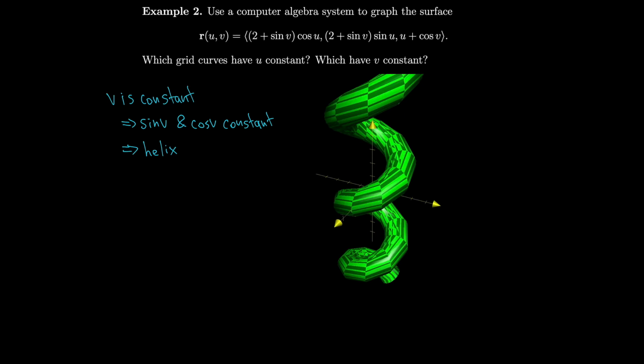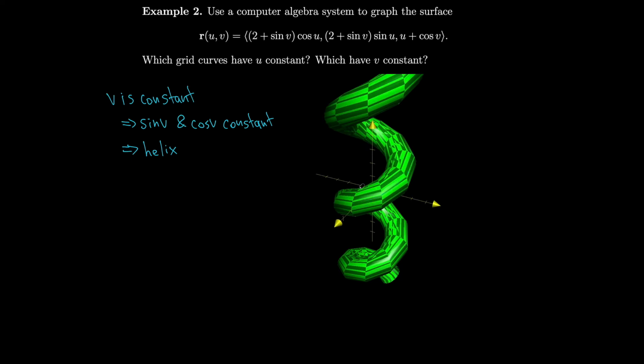It was cosine, sine, and then z. So if the v constant grid curves are the helix ones, then there are these curves that go like this. Each of these little bands, you can see they're alternating colors, would be the grid curves for v being constant, those slices like that.